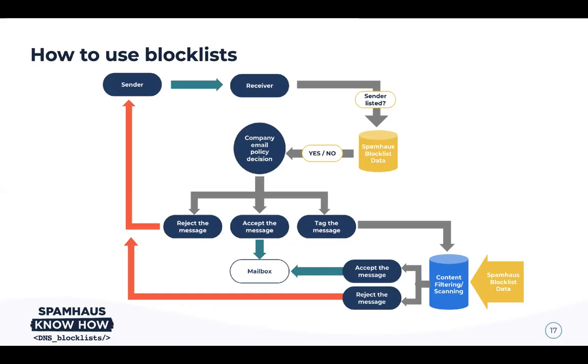And the third option is to tag it and maybe deliver it to a junk folder inside the mailbox of the user, so that the user can later inspect it and maybe take it back if he needs to. In the end, that's the point. You can use a scoring system, you can use tagging, you can use a junk folder. It's really up to you, or whoever manages the email system in your environment.